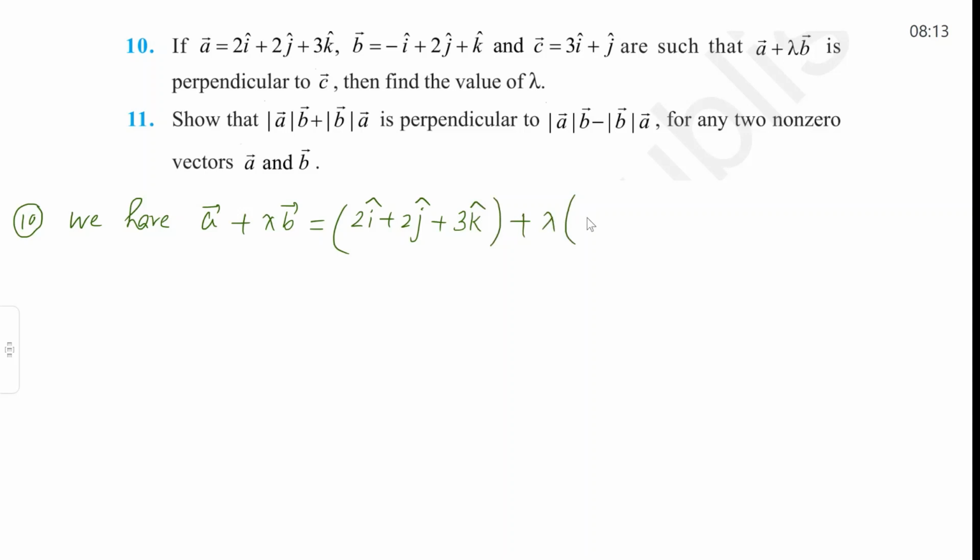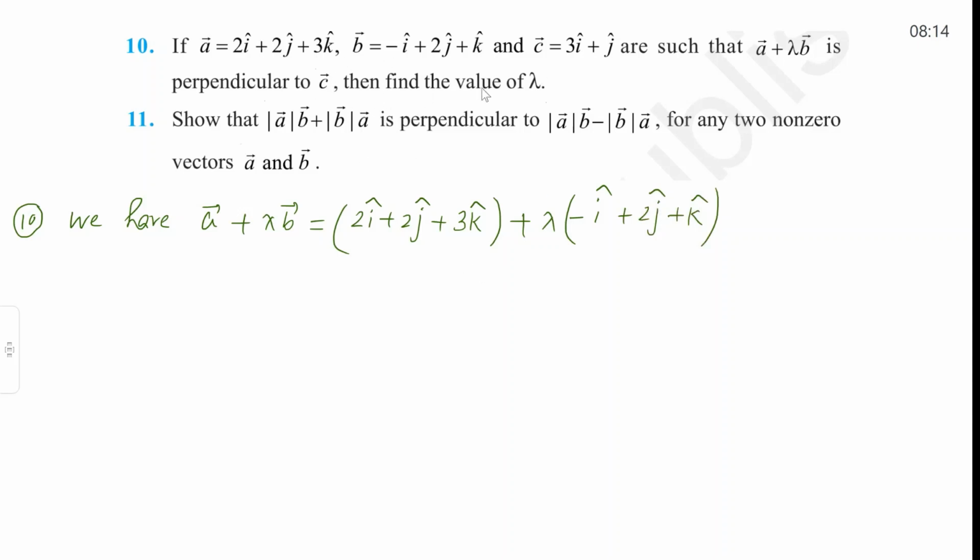What is b bar? B bar is minus i cap plus 2j cap plus k cap. This is a bar plus lambda b bar, and this vector is to be perpendicular to c bar.